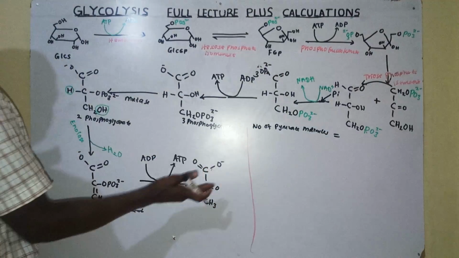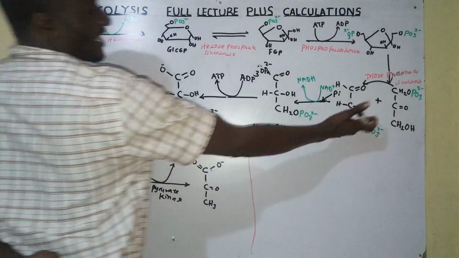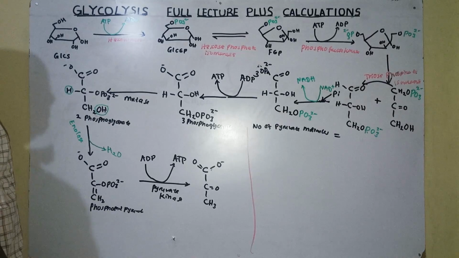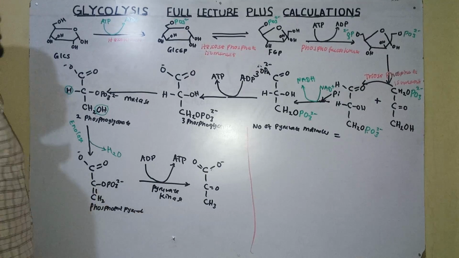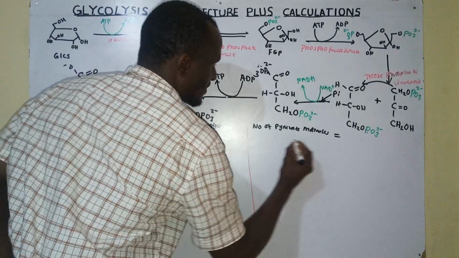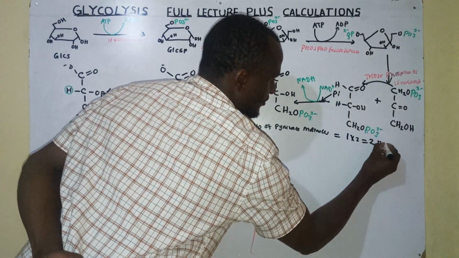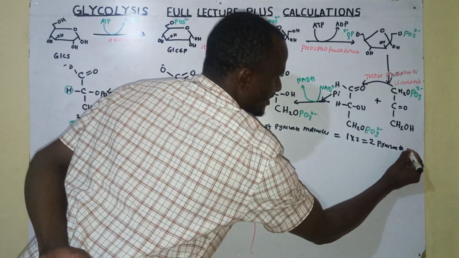In this case, we can see it is just one pyruvate molecule that is produced. But since our pathway branches from step number 5, we shall be having 2 branches. So we have 2 pyruvates. So pyruvate will be 1 times 2, which will be 2 pyruvate molecules.